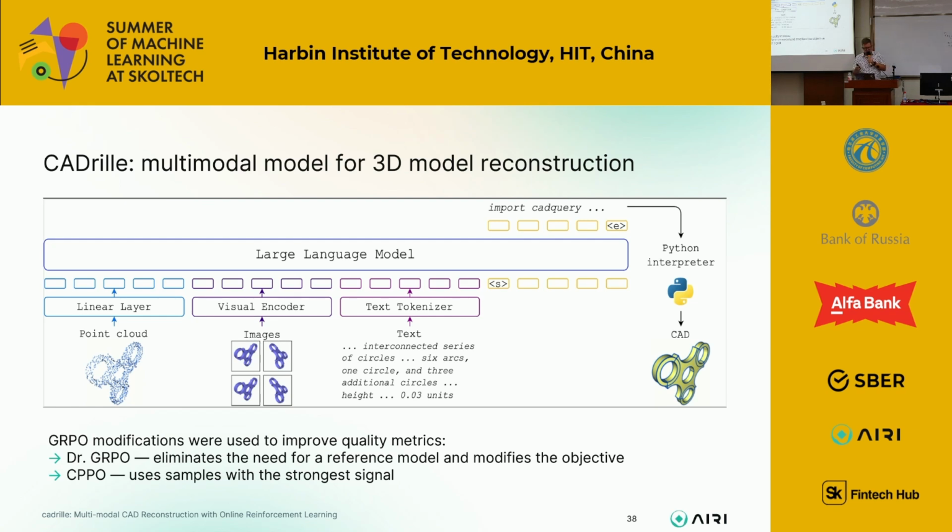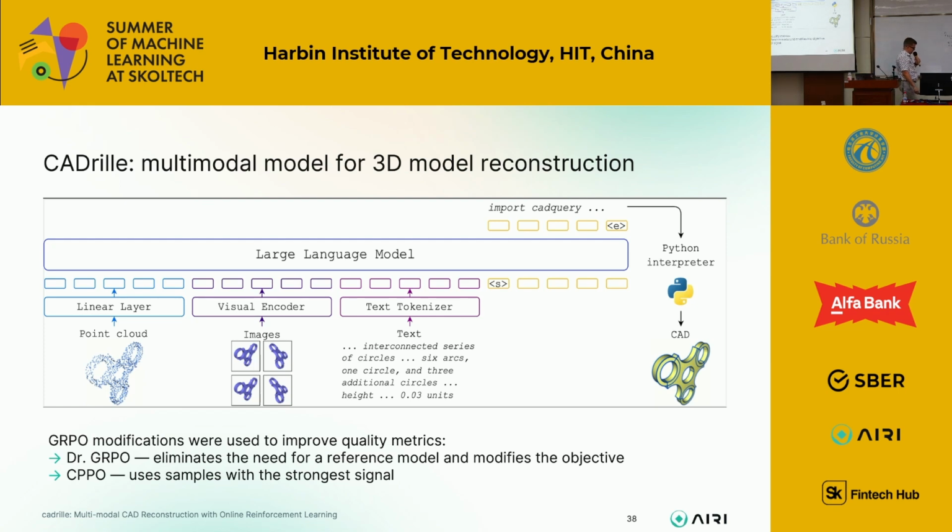And at the output, we see the CadQuery code that is written in Python, and this decoded code can be used to visualize the device that we want to generate. Now it contains only one operation, extrusion, but we are working now on improving the number of operations that can be used for generating different elements and to be used in real life.